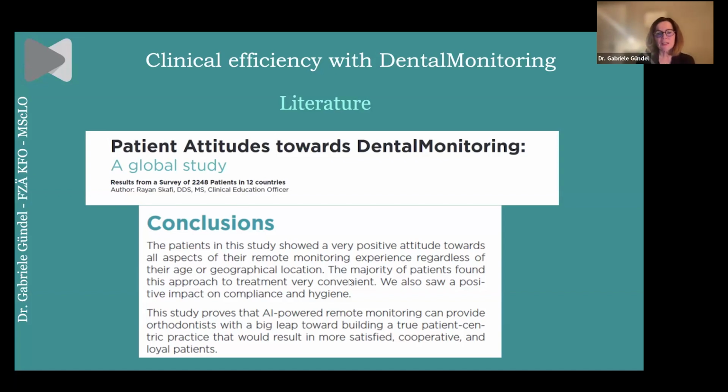The majority find it very convenient, and as we saw before, there is a positive impact on compliance and hygiene.